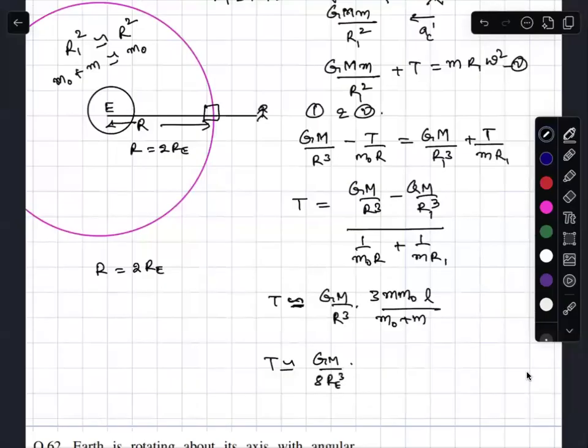Almost you will neglect 3 m L. That's it. And after proper substitutions of all these values, you will get 0.01 Newton.